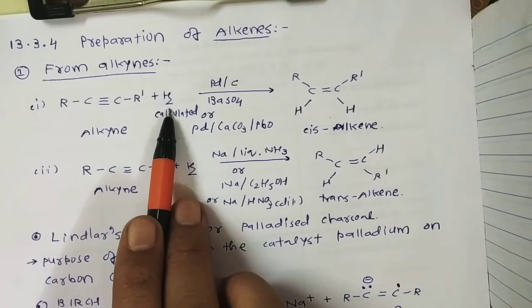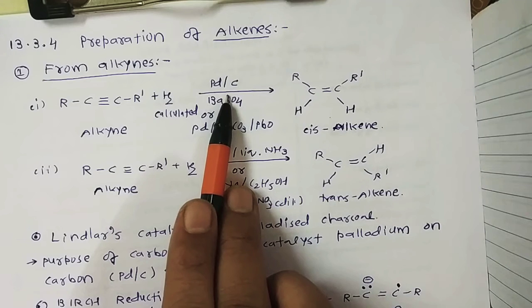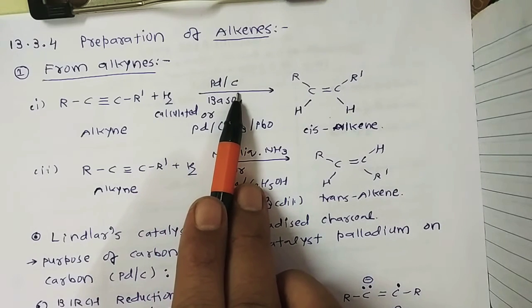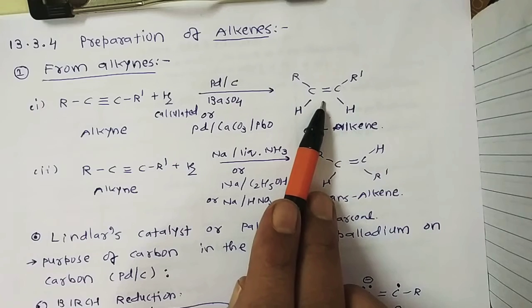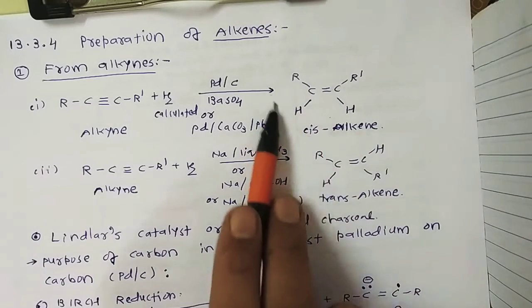With the help of dihydrogen in the presence of palladized charcoal, meaning palladium on carbon, partially deactivated with poisons like sulfur compounds or quinoline, it gives alkene. But mind well, this alkene is cis in nature.